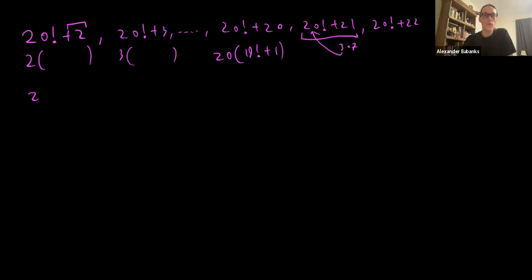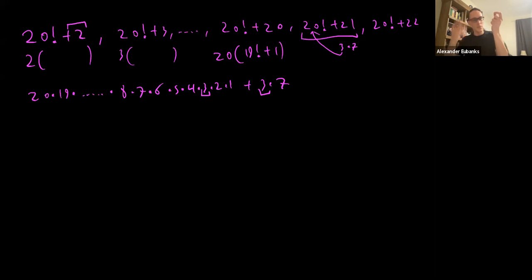For these last two, the reason it works is 20 factorial is 20 times 19 times 18 and so on, down through 8 times 7 times 6, 5, 4, 3, 2, and 1. 21 is 3 times 7. And notice, it doesn't matter what you pull out, you could pull out a 3 from everything, and then you would have 3 times some number, and so it would be composite. You could pull out 7 if you wanted.